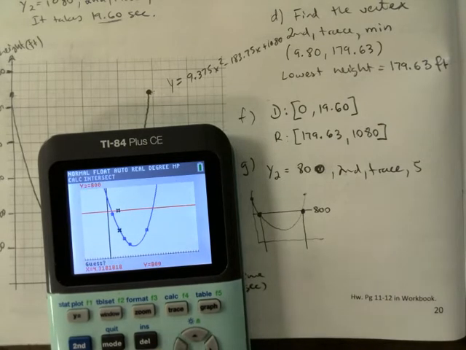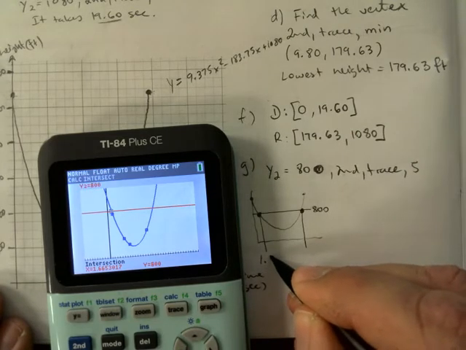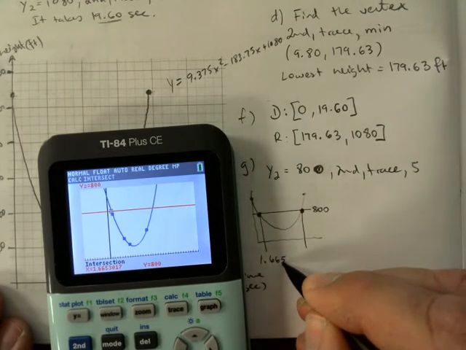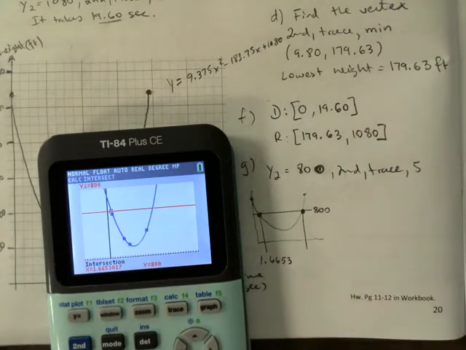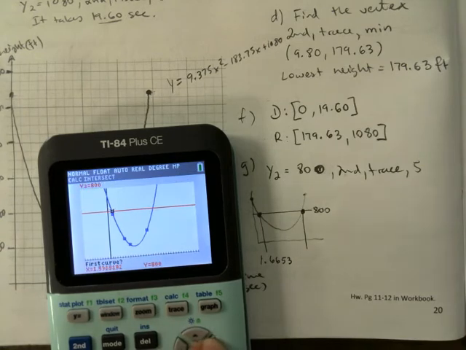I'm going to go enter, enter, enter. So I use 4 decimals, okay? Do you remember that? So that happens at time 1.6653. The first instance you get to that 800 mark is that. Second instance, I'm going to go find that second time.